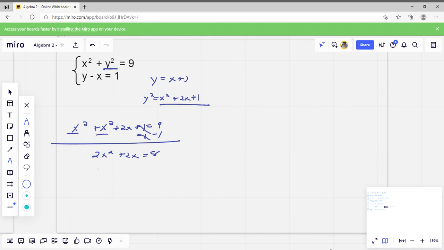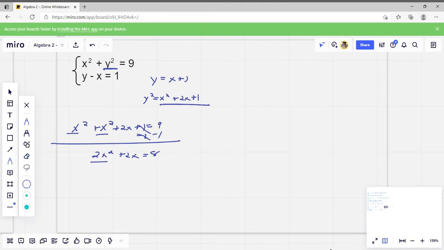Now I am going to factor out one of my x's. Actually, I can factor out 2 for sure. I know what I need to do: divide by 2 on everything before I can do that.